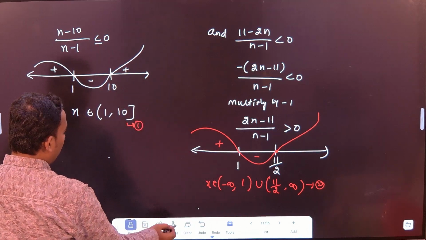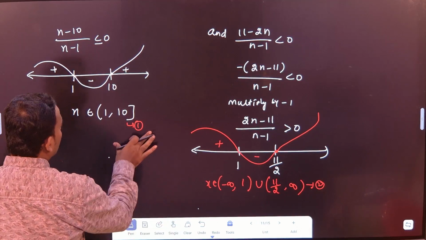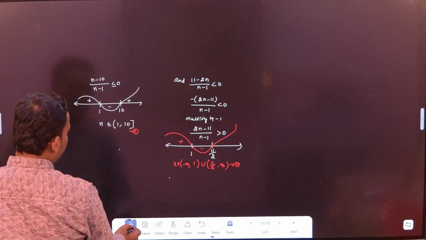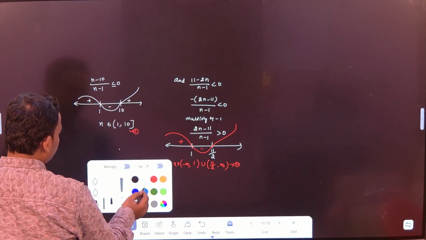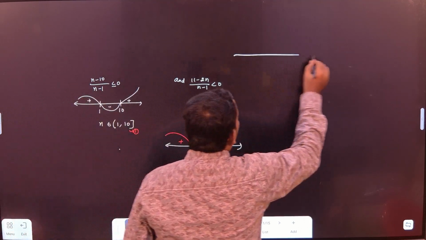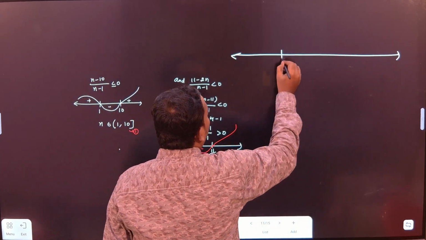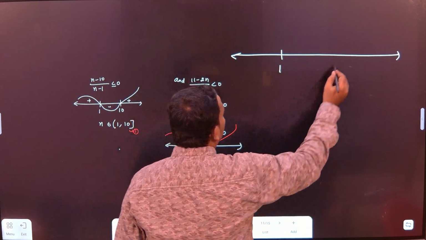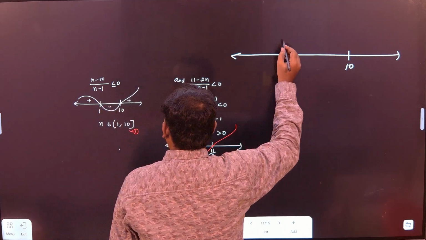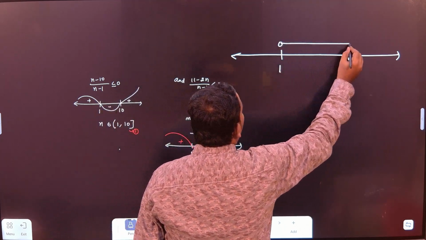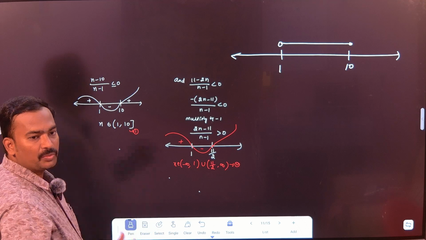Otherwise, we do one thing: you can reduce the size and find it here only. So you can draw the number line. First 1 to 10, so 1 here and 10. 1 to 10 means 1 is not included and 10 is included. Next is minus infinity to 1.